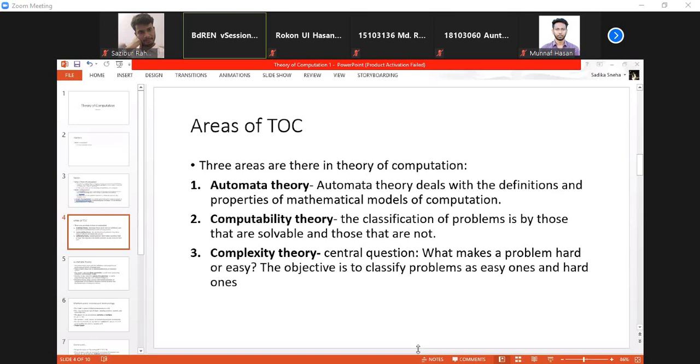So if your problem is hard and you fail to find out what is at the root, now what can you do? Secondly, you are not going for the perfect solution, you are going for a solution that is less than perfect. So you are going to find an approximate solution.